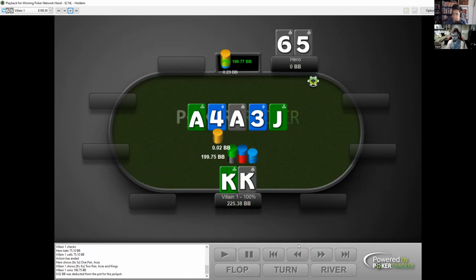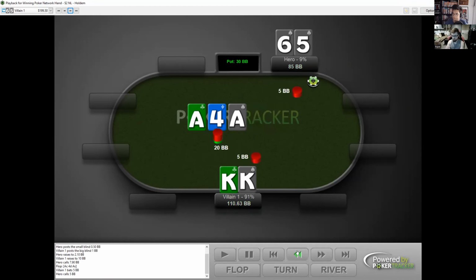Yeah, that's reasonable. The flop is probably where you need to reevaluate things. With the 6-5. Yeah. I know it's a quarter pot bet. No way. There's no way.